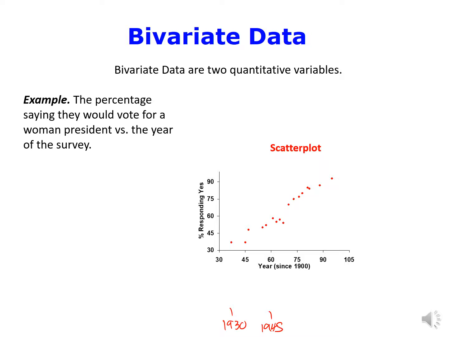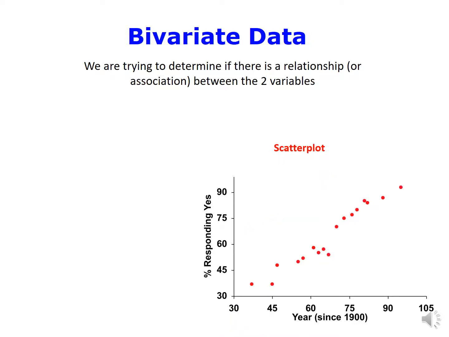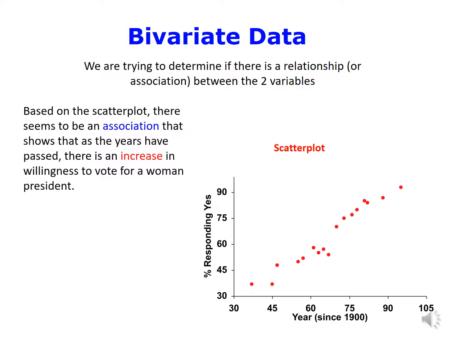And the y-axis is the percentage saying that they would vote for a woman president versus the year of the survey. As time increases, we do seem to see an association, and more people are willing to vote for a woman president as time increases.